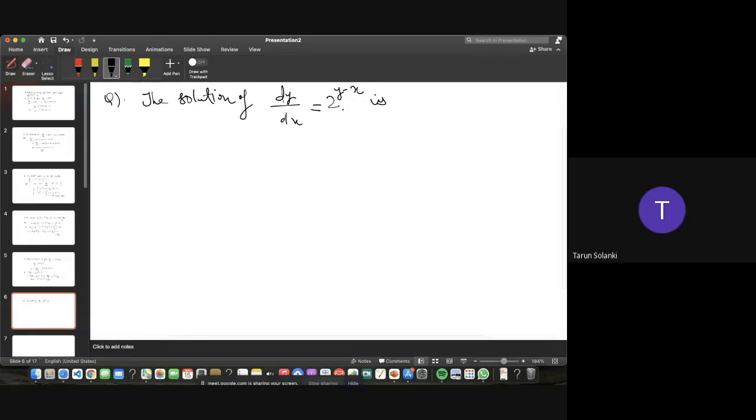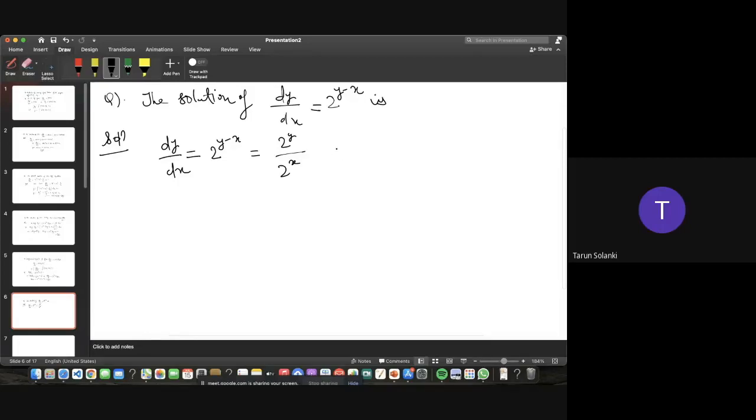Okay, so we will solve it now. dy by dx is equal to 2 to the power (y minus x), which is also 2 to the power y into 2 to the power minus x.